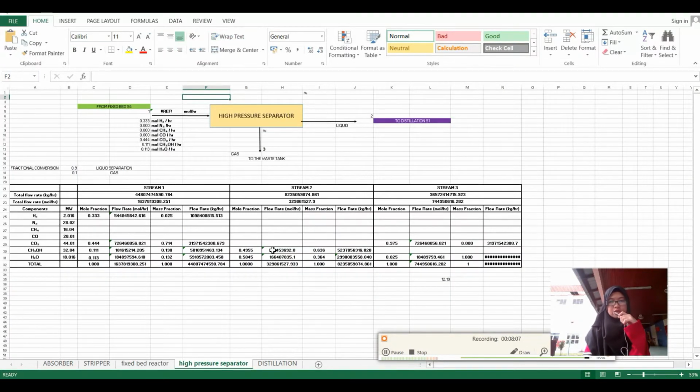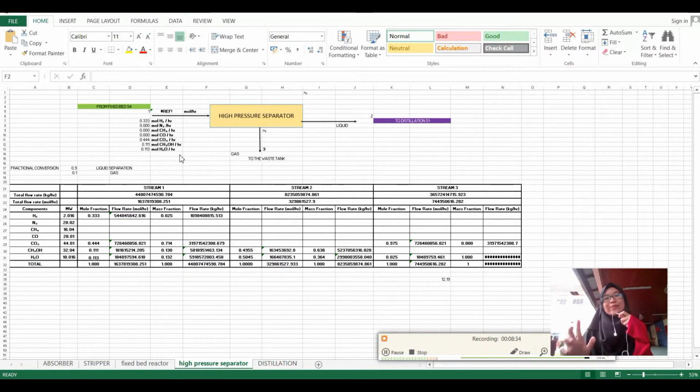So for the high pressure separator, we get the feed from the fixed bed reactor. Okay, for the feed is only H2, CO2, CH3OH and H2O.